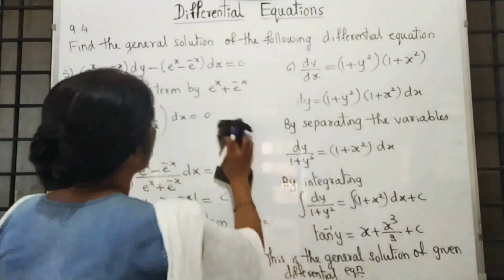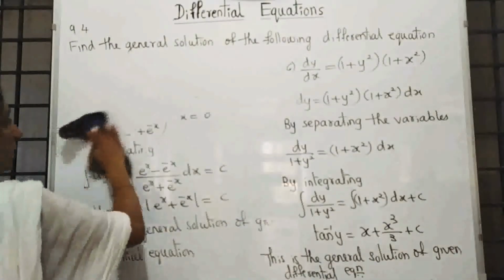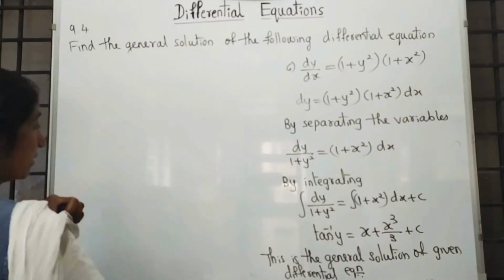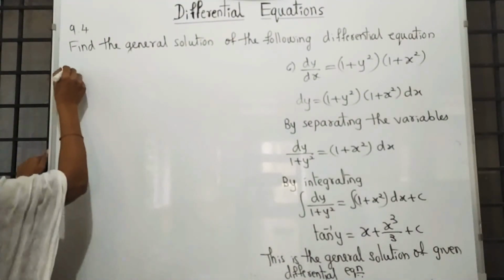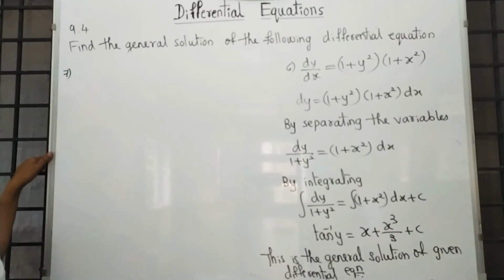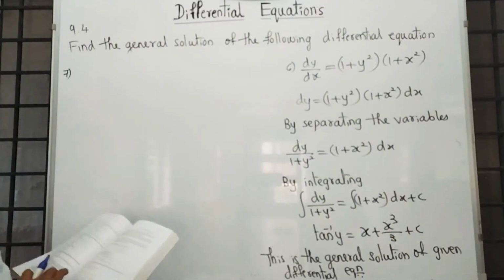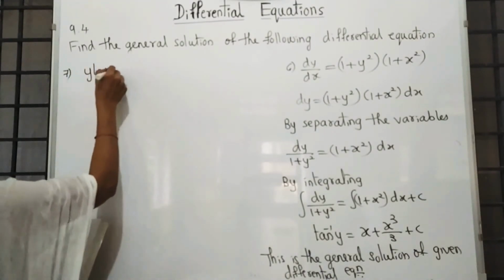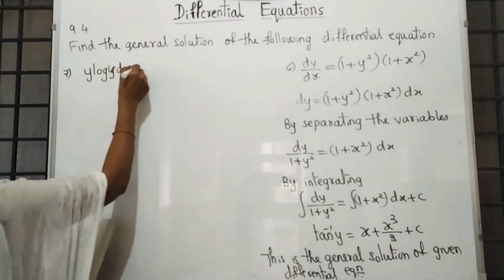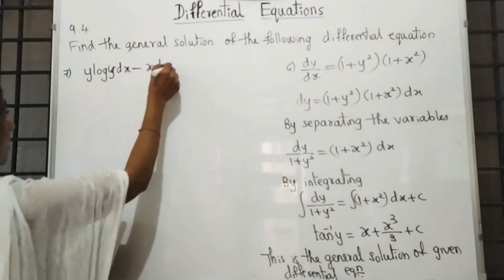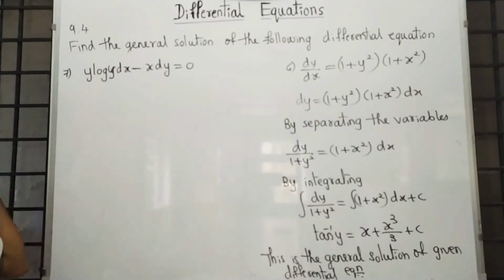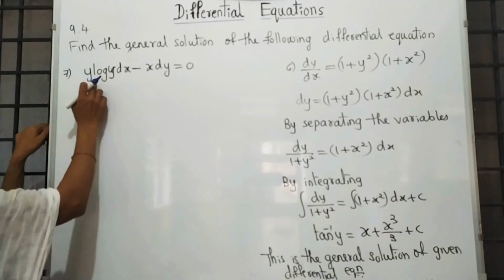Yes. Moving to the next question, that is the seventh one. See, all the sums are very simple here. Y into log y into dx minus x into dy is equal to 0. So I think now the students are able to identify which is the extra term. Extra term is y log y and x.